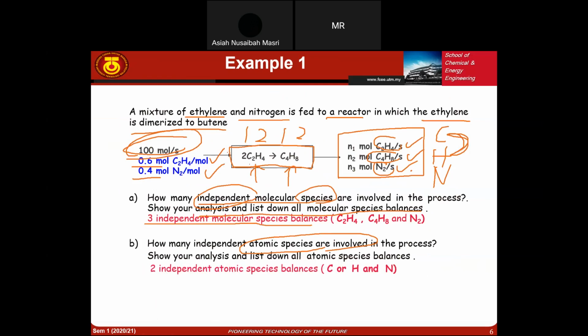Because of that, we only have two independent atomic species balances. One is nitrogen, no issue. Another would be either carbon or hydrogen. Why? Because the ratio is consistent for the input and output. See here, ratio 1 to 2, here also ratio 1 to 2. I hope that is clear for you.